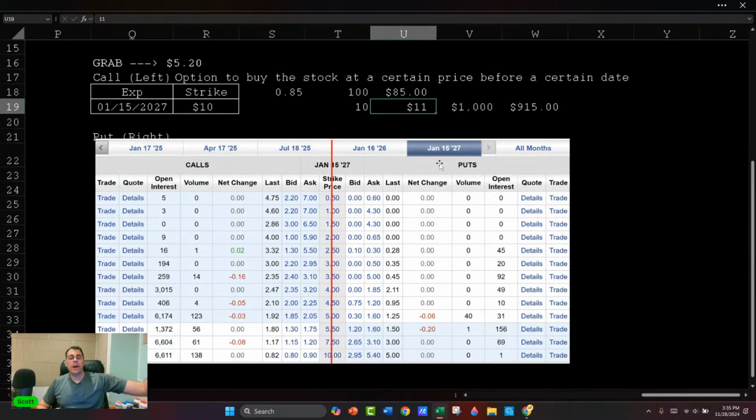But every dollar above $10, you make. I mean, it just grows a lot. So say it hit $18, the stock price, you make almost $8,000, which is pretty good, right? For an $85 investment, you make $8,000.